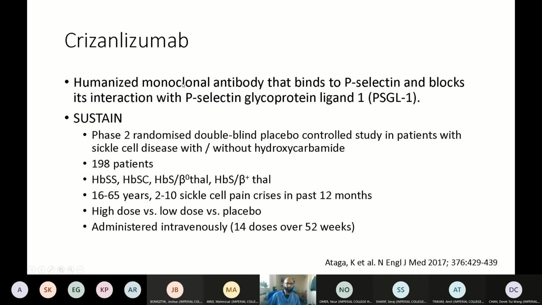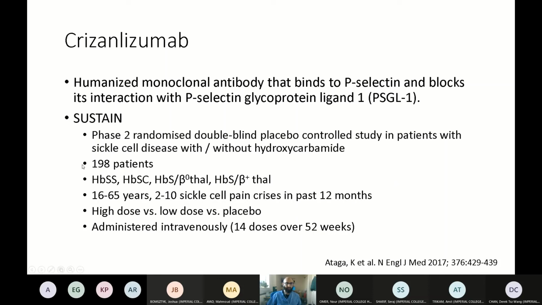The other one is crizanlizumab, which is a monoclonal antibody binding to P-selectin, blocking the interaction with P-selectin and its ligand. Again, this has undergone extensive studies, including a phase 2 randomized double-blind placebo-controlled study in patients, some of whom were on hydroxycarbamide as well.